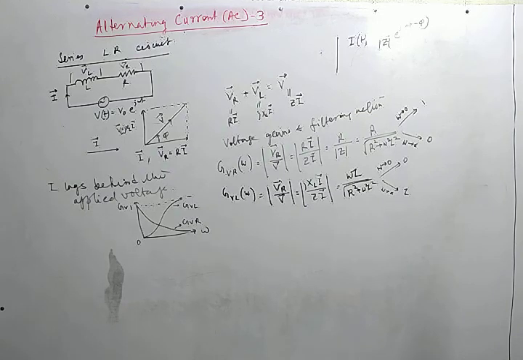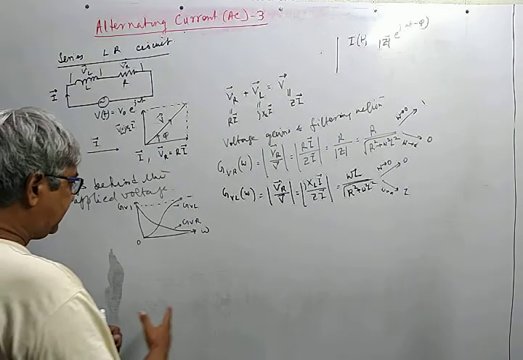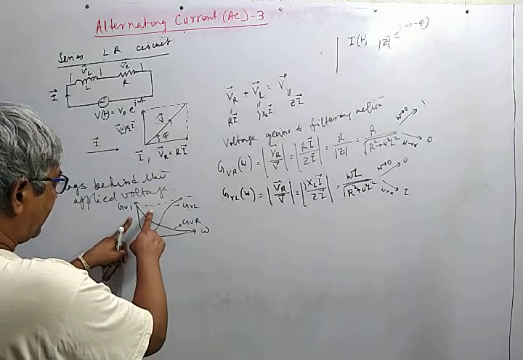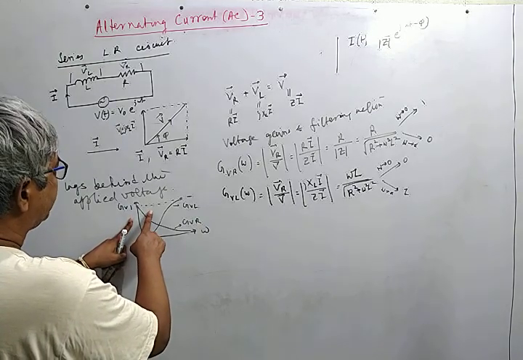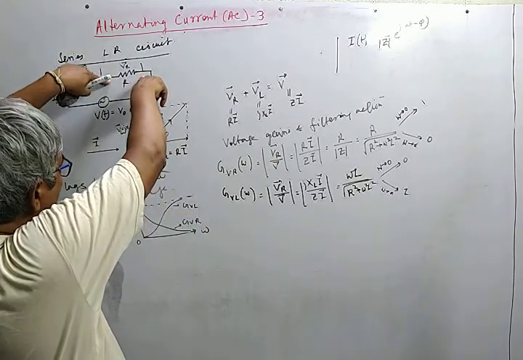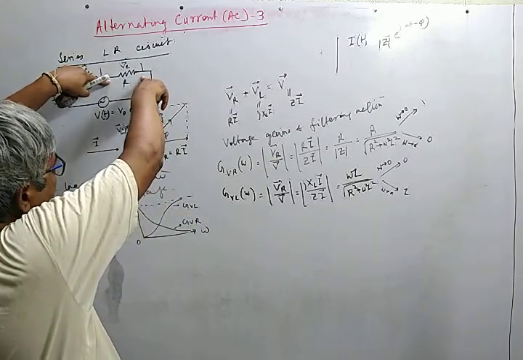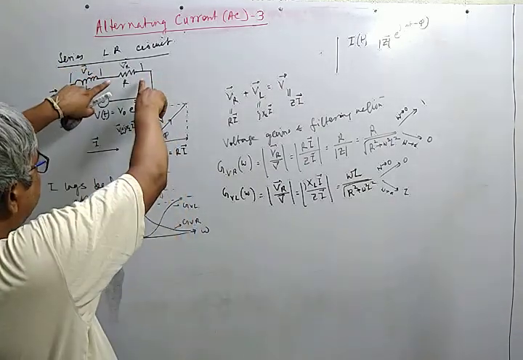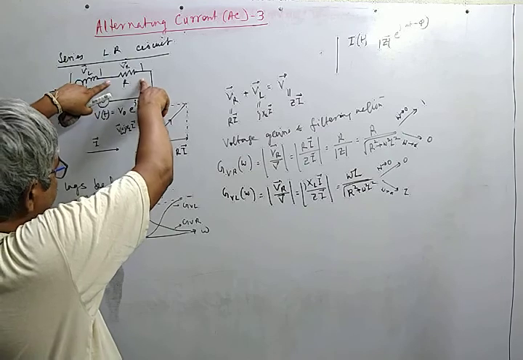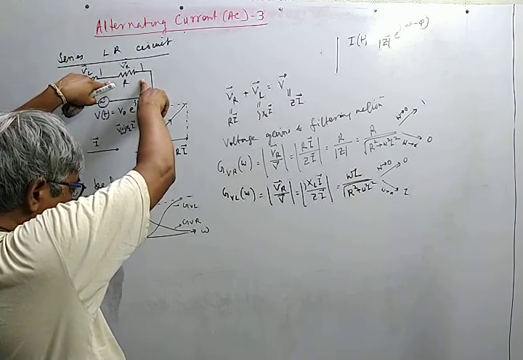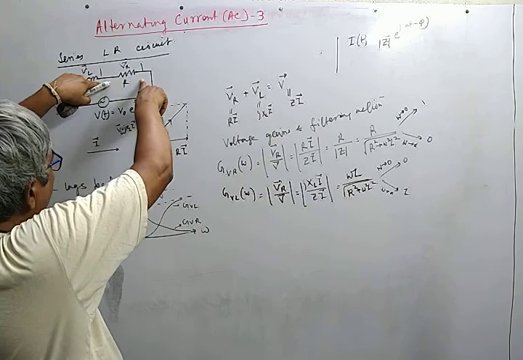If we compare the voltage gain, we see that if we want the low frequency signal to be received, then one must measure the voltage across the resistor, because the voltage gain across the resistor is appreciable at low frequencies and it decreases rapidly at high frequencies.